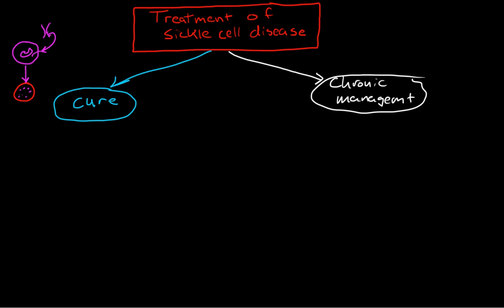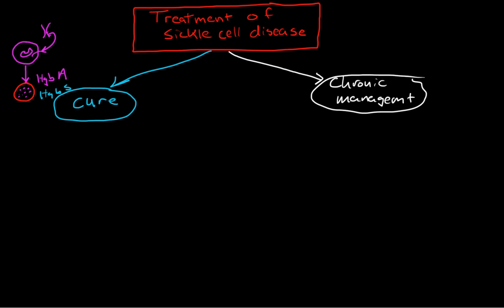Patients with sickle cell disease don't have the normal hemoglobin A, they have a different version called hemoglobin S, which is caused by this genetic mutation in the 11th chromosome.